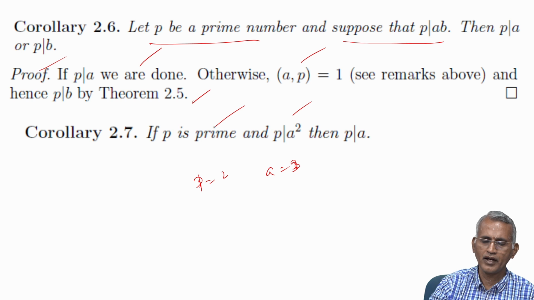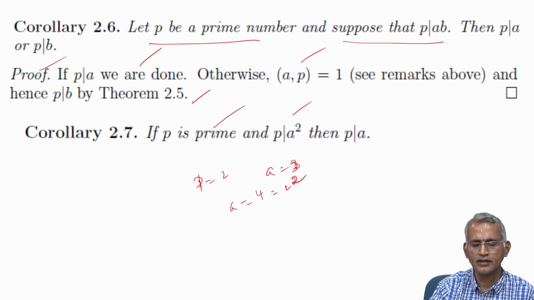So, p does not divide a square. If a is equal to some number like 4, then 4 can be written as 2 square, but this is also not a useful case. So, you have to take a as some number that is divisible.